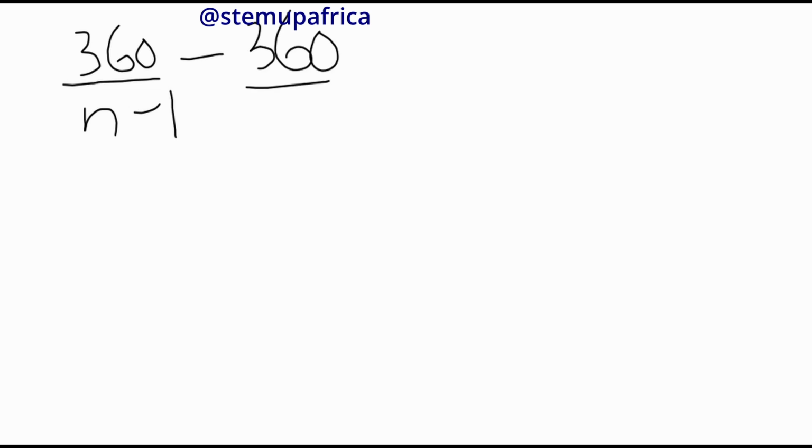If that should happen, I will have 360 over n-1 minus 360 over n+2 is equal to 6. So from the top, I can factorize 6 from the numerator.